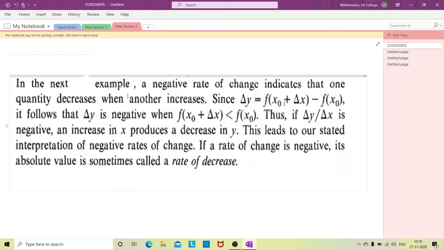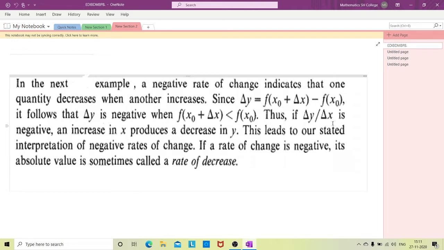So if delta y is negative, delta y by delta x will become negative. It means that when there is an increase in x, there is a decrease in y. When x is increasing, y will decrease. So delta y by delta x is negative, and hence it represents a rate of decrease.